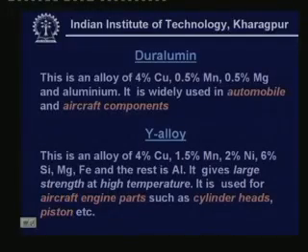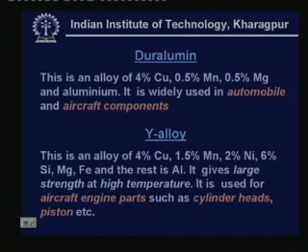The two forms of aluminum are duralumin and Y alloy. What is duralumin? Duralumin is an alloy of aluminum which contains 4% copper, 0.5% manganese, 0.5% magnesium, and of course aluminum is the main parent element.